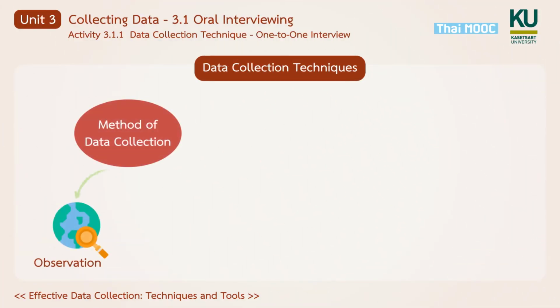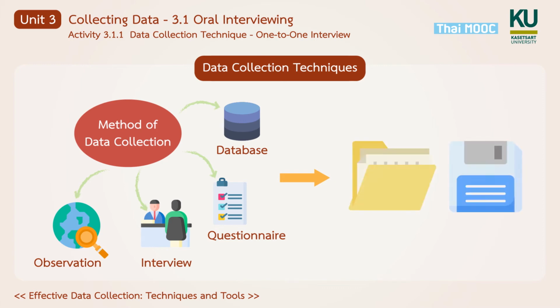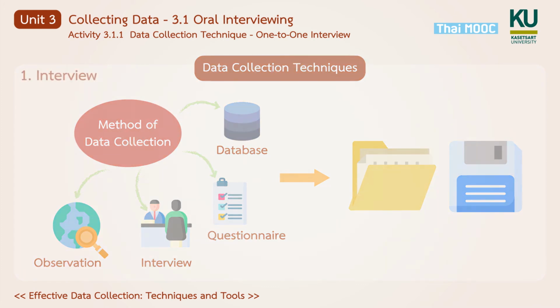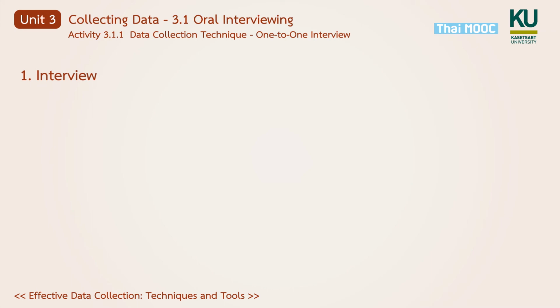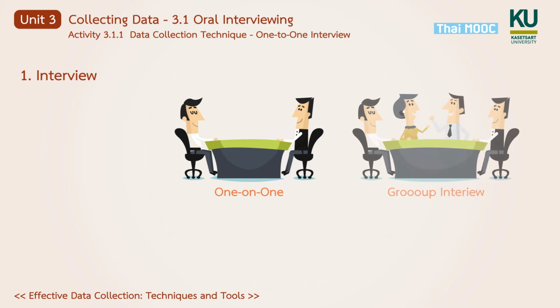Data collection techniques. Information you gather can come from a range of sources. Likewise, there are a variety of techniques to use when gathering primary data. Here are some of the most common data collection techniques. Number 1. Interviews. In-depth interviews include both one-on-one or individual interviews as well as group interviews.